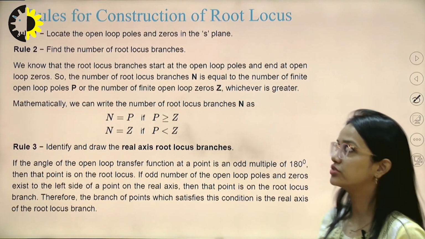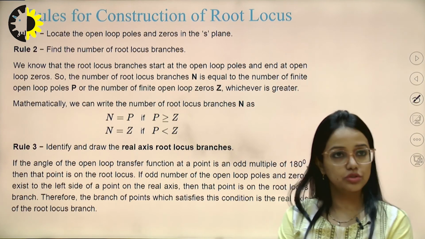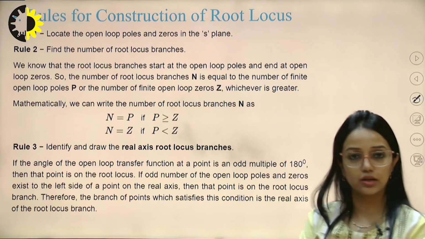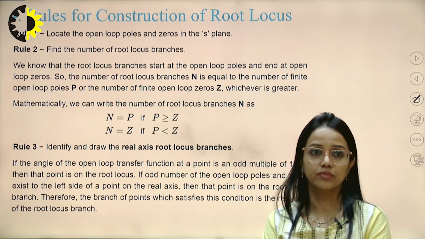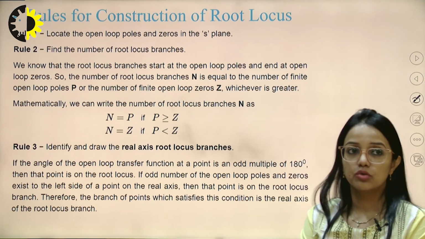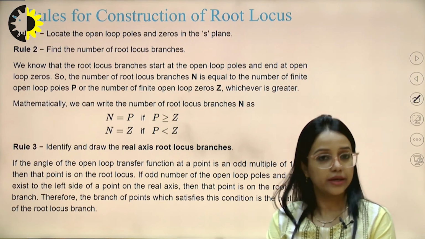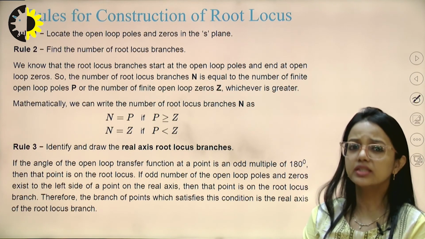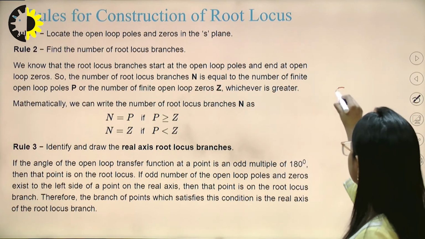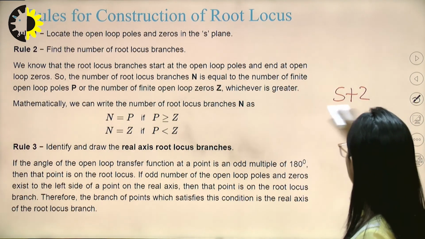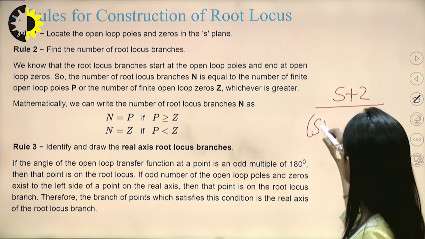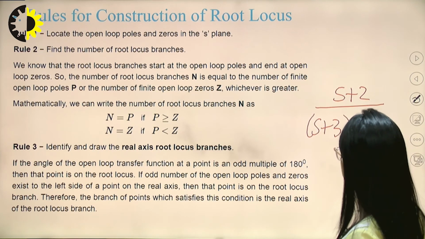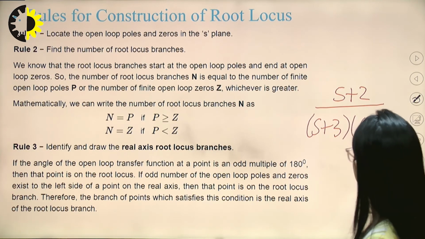we straight away come to the rules to construct the root locus. So the first rule is to locate the open loop poles and zeros in the S plane. Whatever is the question, let's say we have been given (s plus 2) upon (s plus 3)(s plus 4).